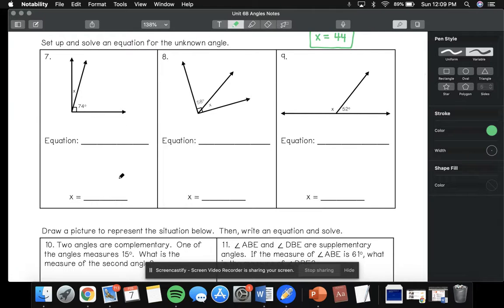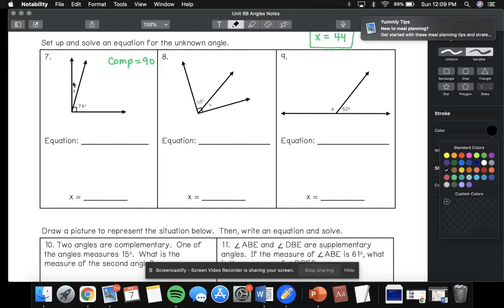All right, for number 7, we first have to look at the relationship before we can figure that out. So I look for either a straight line or a box. I see a box, which means that it is complementary, which means two or more angles that make 90 degrees.